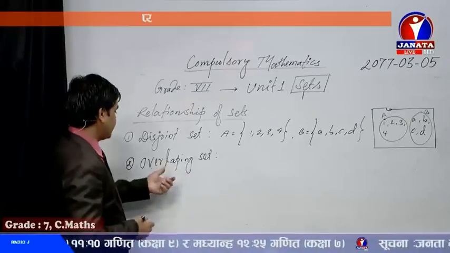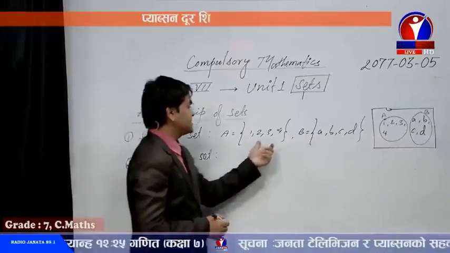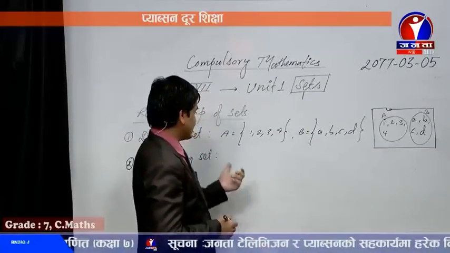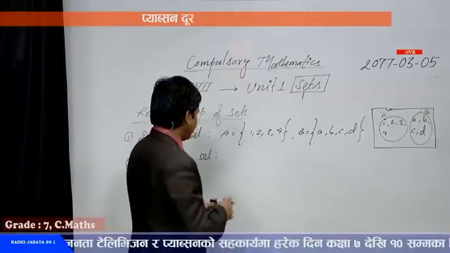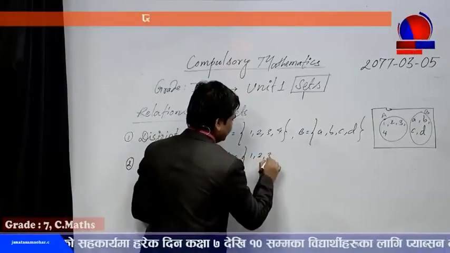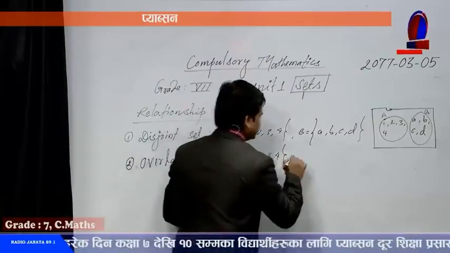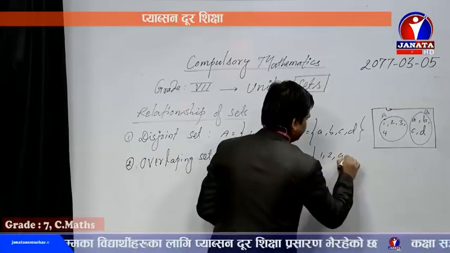Another synonym of overlapping set is intersecting set. So an intersecting or overlapping set has certain elements common between them. For example, set A has the elements 1, 2, 3, 4. Set B has the elements 1, 2, A, B.